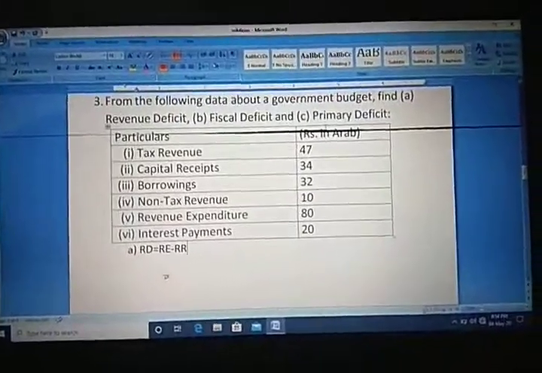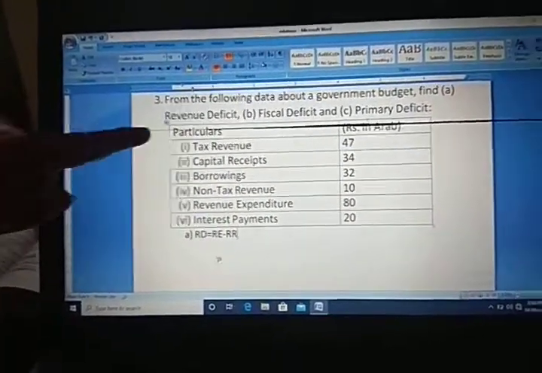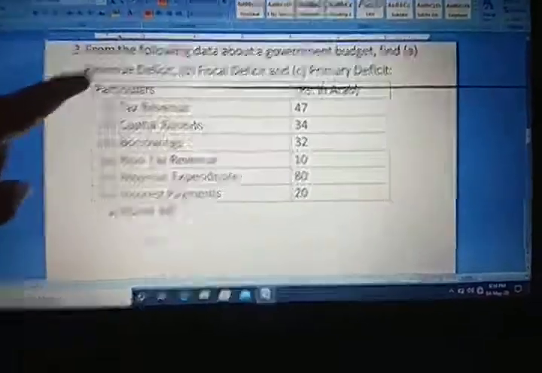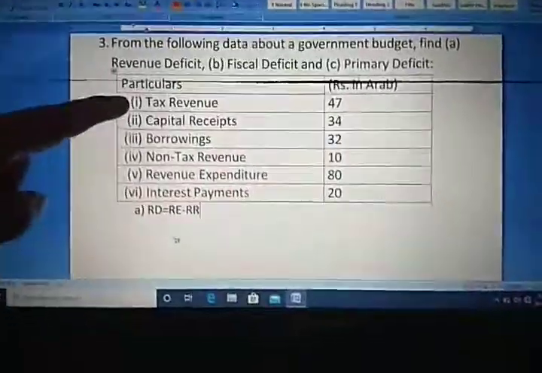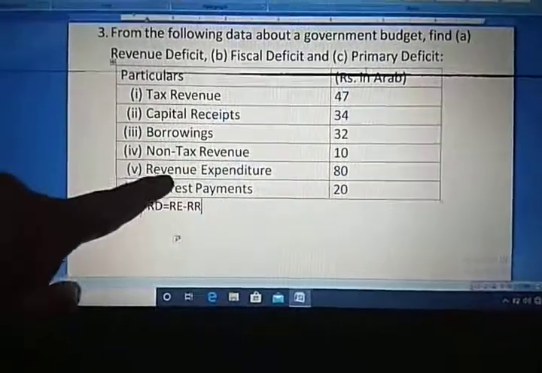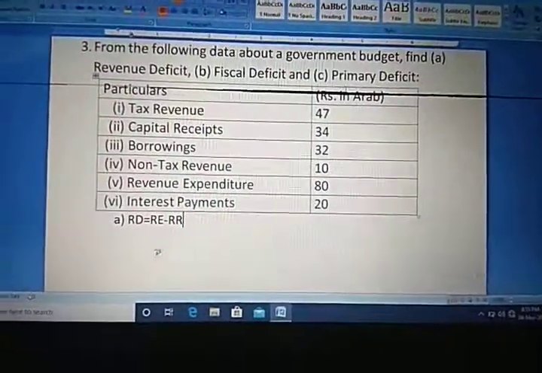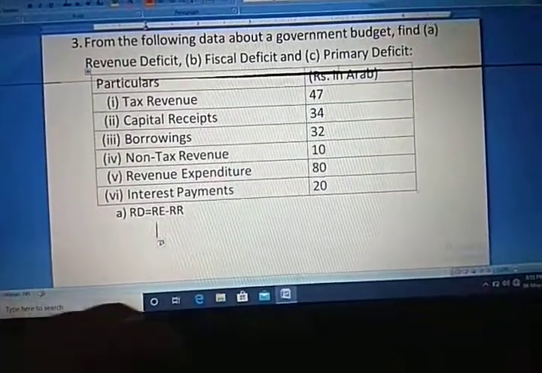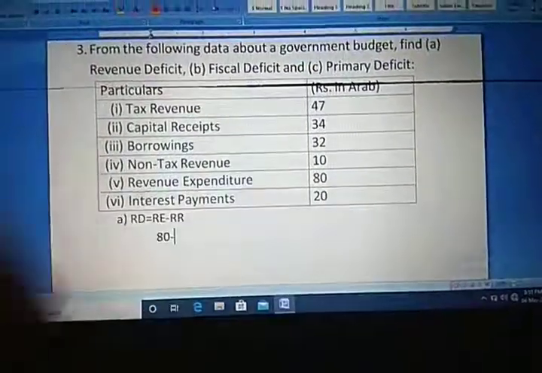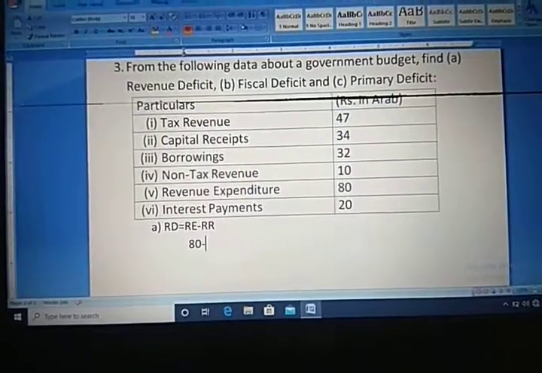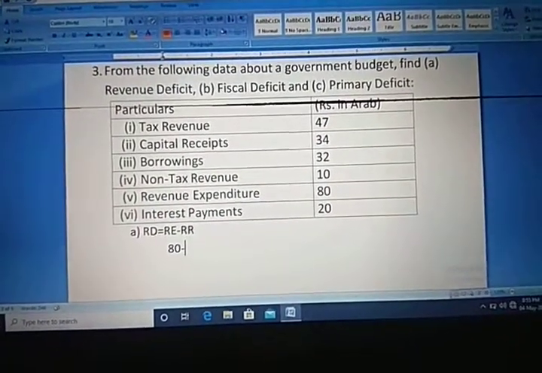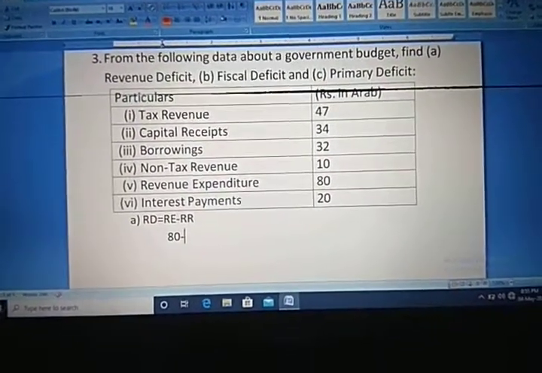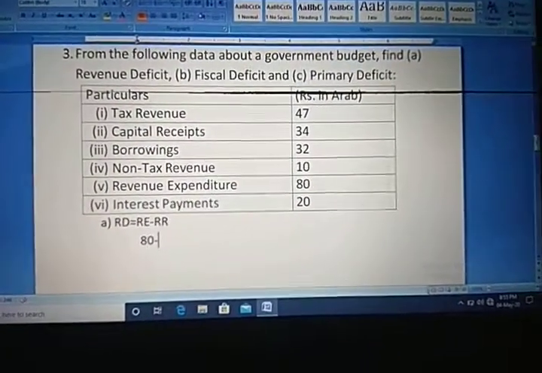In the question, tax revenue is given. First we have to calculate revenue deficit. Revenue expenditure is directly given in the question, so we put the value of revenue expenditure, which is 80 crore, minus revenue receipt. Revenue receipt is not directly given, but as I have already taught you, revenue receipt is the summation of tax revenue and non-tax revenue.